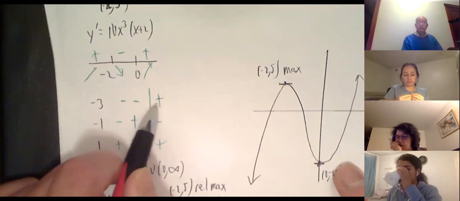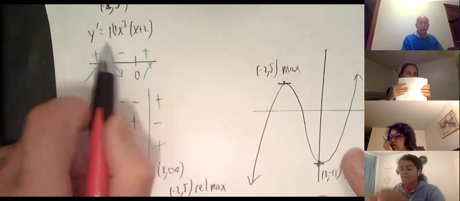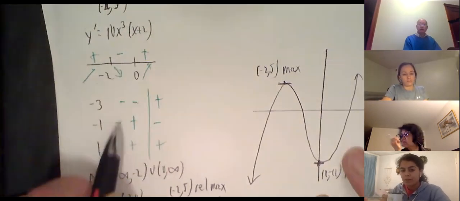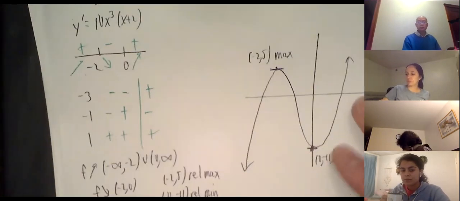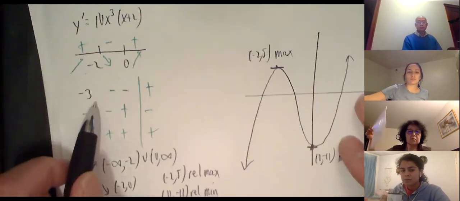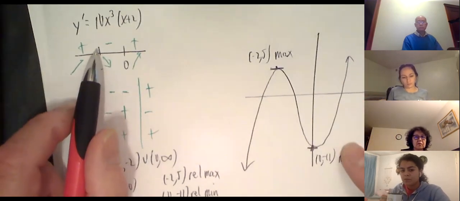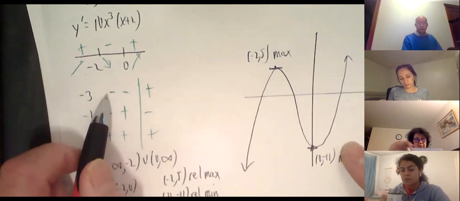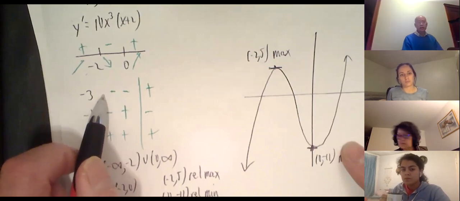The sign of the whole thing is positive, because when I plug in -3 there, this whole thing is negative. I know that. And when I plug in -3 there, this is negative. So I'll have a negative times a negative, which is positive. Right, so if we were to work that out, 10 times -3 cubed would end up as a negative number. It happens to be negative 270, I think, or something.